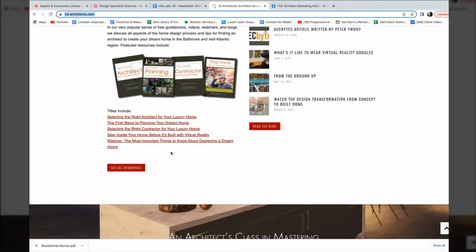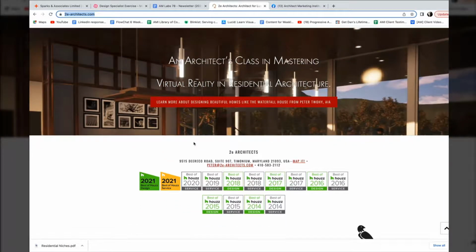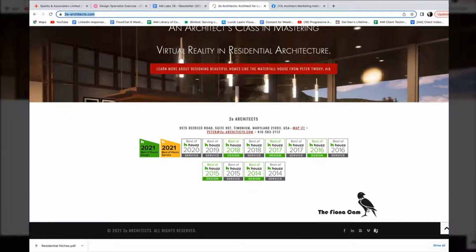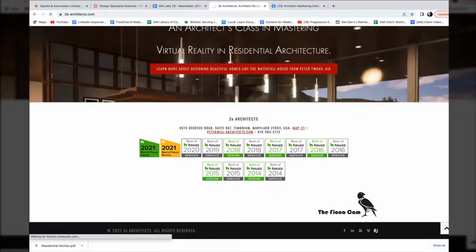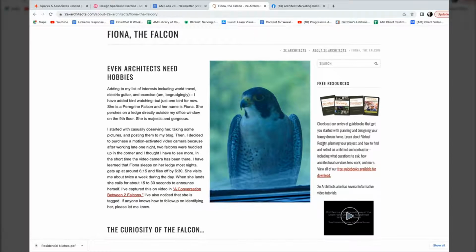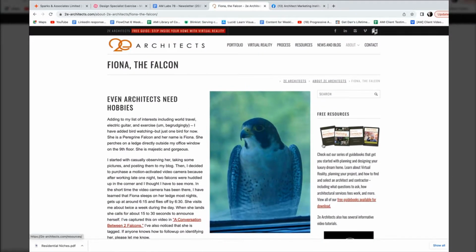So it's all very much luxury home for the discerning buyers, clients. Got all his awards. And he's got Fiona Cam down here, which shows Fiona's some hawk that sits on his window. Probably hawk, falcon. And she visits his window and I think he feeds her. Right, so you get the idea there.